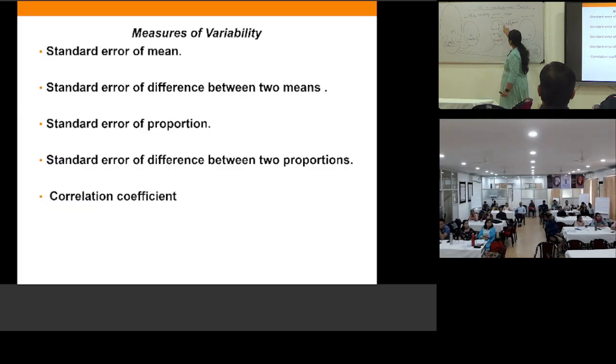Observation 1, observation 2, observation 3, observation 4, for example the weight of person 1, weight 2, weight 3, weight 4. There is a difference of each observation from the mean. How much is each observation's difference from the mean? The average distance of these is called the SD, standard deviation. This is only of this one sample.